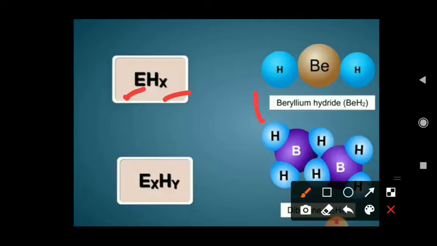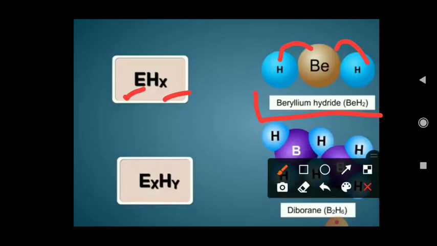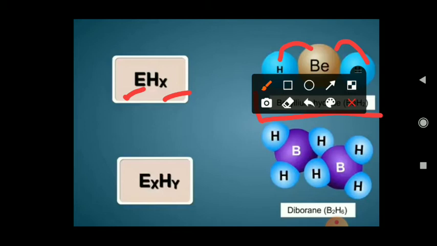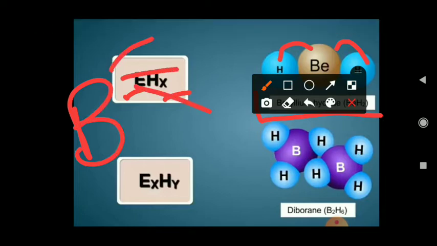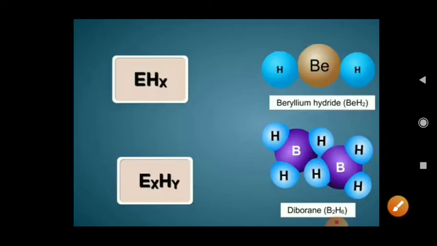For example, beryllium hydride, BeH2, means hydrogen took two electrons from beryllium. And boron has a valency of 3, so it takes 3 electrons from hydrogen, forming B2H6, diborane. Boron means when boron reacts with hydrogen, and diborane means 2 molecules of boron.